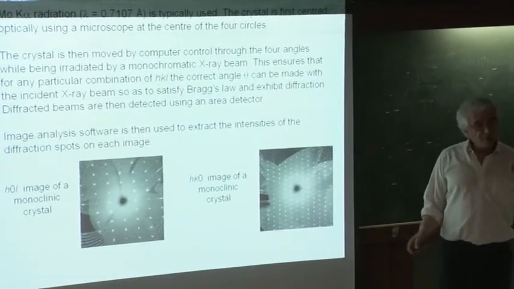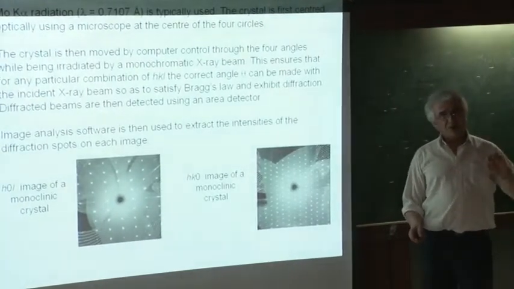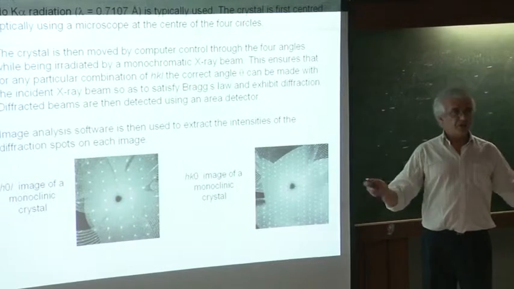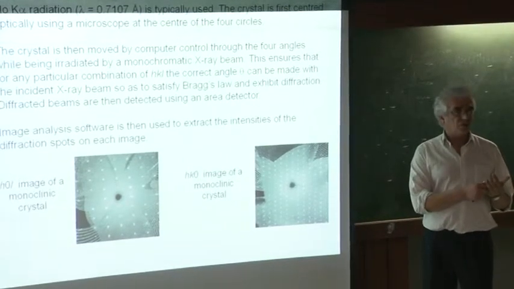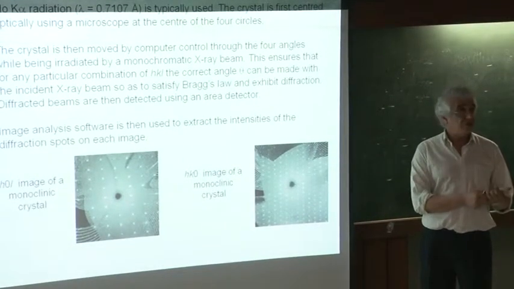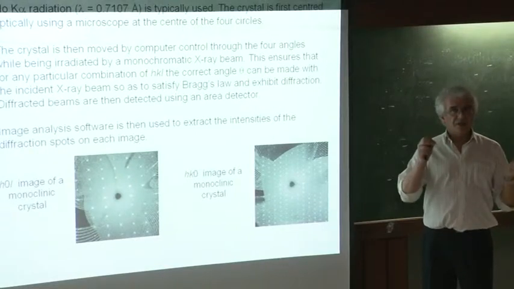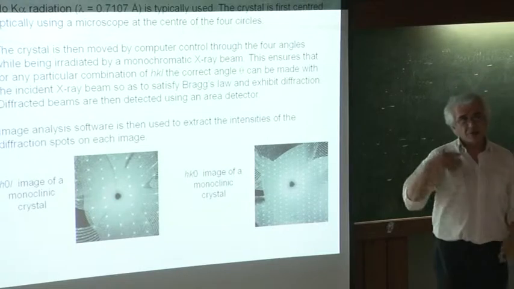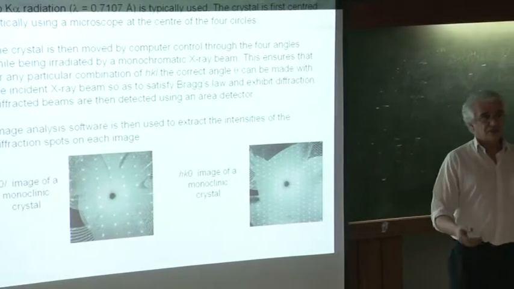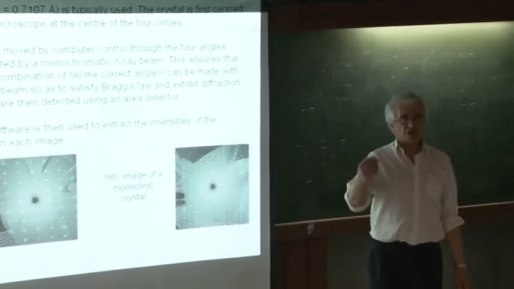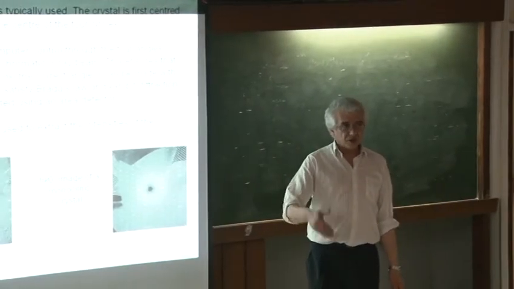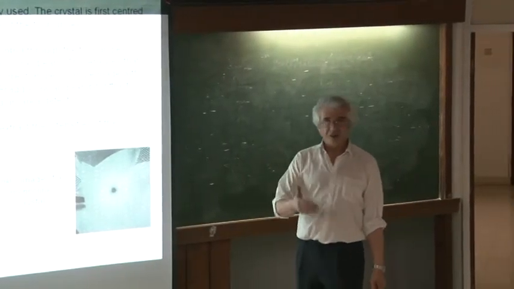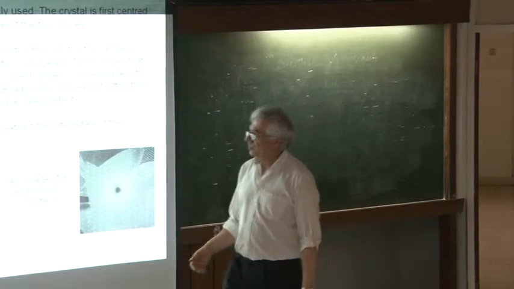By measuring these, measuring the intensities and their positions, we get, first of all, the unit cell dimensions, and we then get the intensities of each of those reflections. And remembering yesterday that intensities are proportional to the structure factors squared, we can use that information to try and solve the crystal structure.